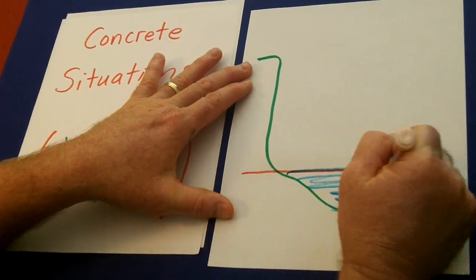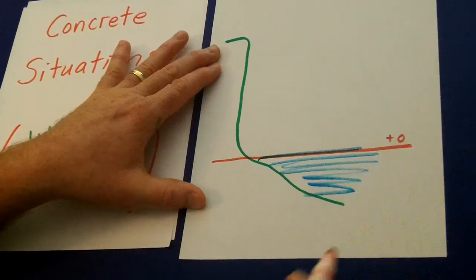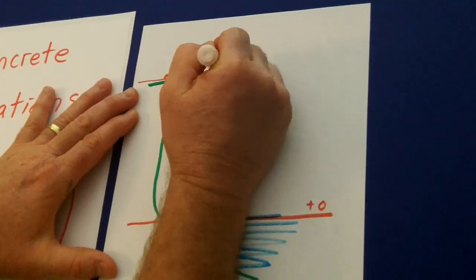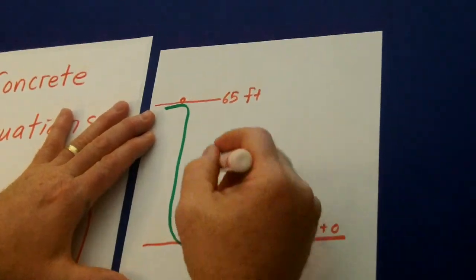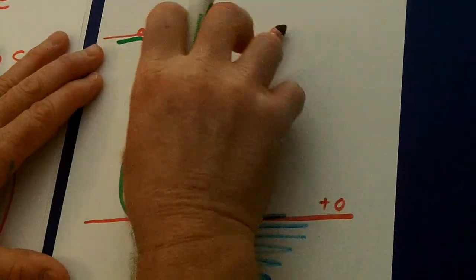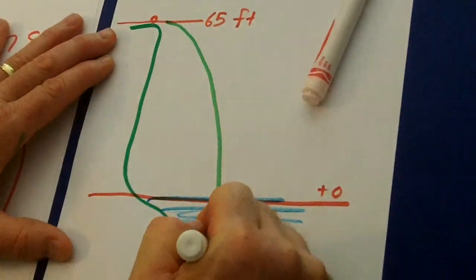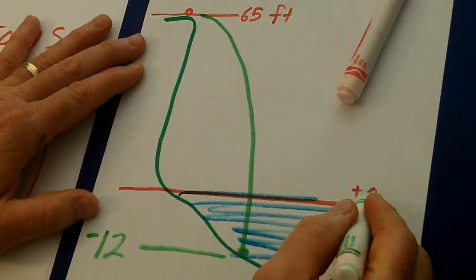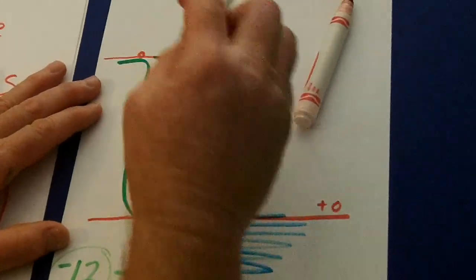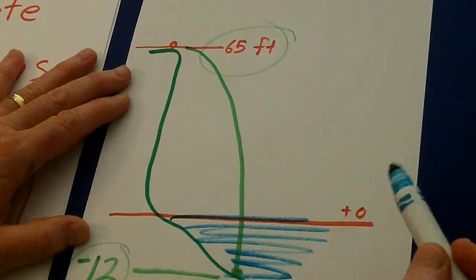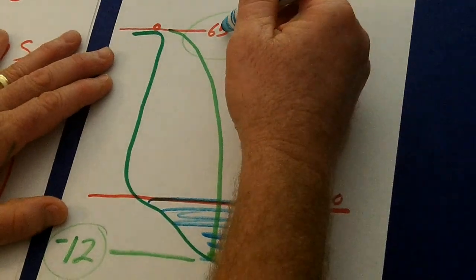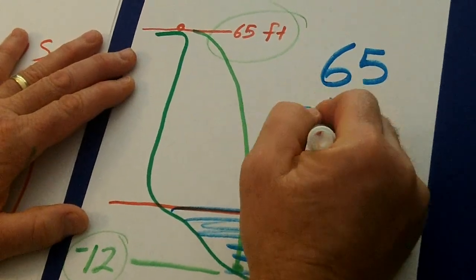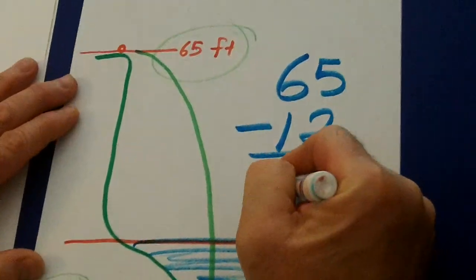So let's say the ocean is at sea level plus 0 feet, and you hit it off a cliff that's 65 feet high, and then the actual ball is going to go off the cliff and land right here, and let's say that's going to be 12 feet below sea level, so a negative 12. Now, the absolute biggest mistake kids make from here, they say 65 to a negative 12. They just guess that it's 65 minus 12 is 53.